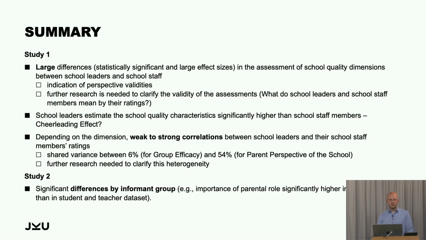What we also did see in our study is that the degree of agreement between school leaders and teachers does strongly depend on the dimension of school quality. So future studies should make an attempt to find predictors of the extent of the agreement.